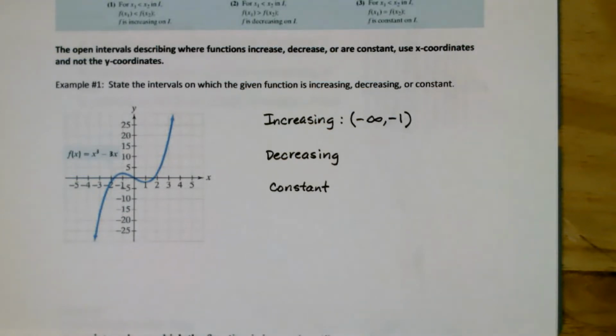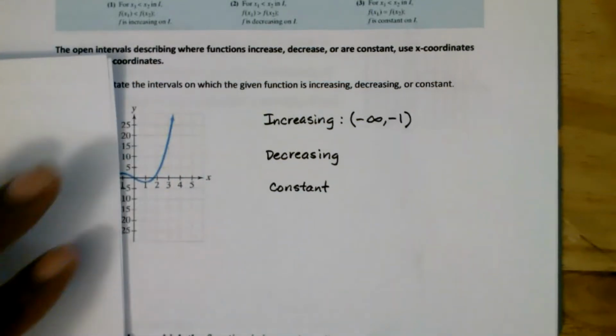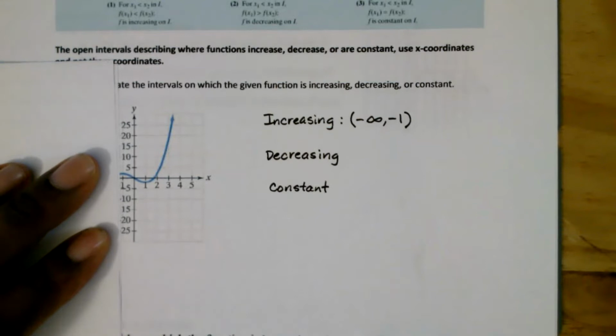All right, next I'm going to do this. I know we've got -1 here. I'm going to cover up this graph right here. We know it maxes out at -1, but after -1, notice what's happening. It's decreasing, decreasing, still decreasing, and then it starts to turn at 1.